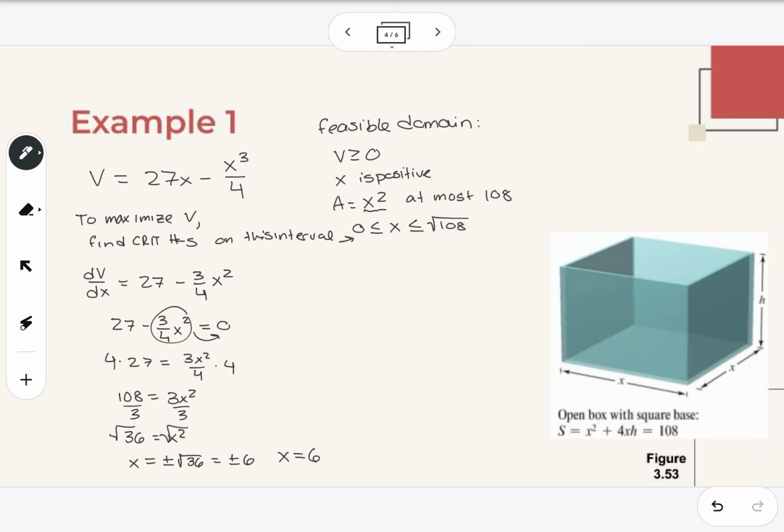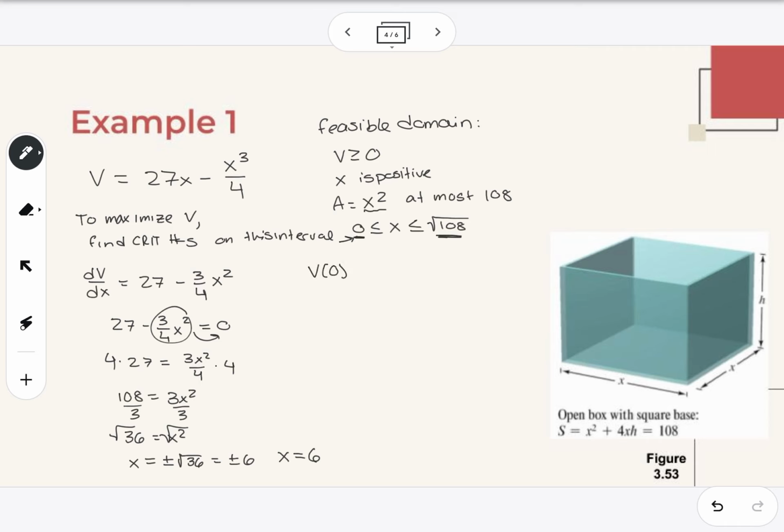All right. We could now evaluate this x equals 6 as our critical number, and we could evaluate our two endpoints, 0. So remember that, we're thinking back to the beginning of the chapter now. Because I had an interval, I have these two endpoints. I have 0 and I have the square root of 108. How would I evaluate absolute max and min if I am given a closed interval? Do we remember how to do that? So remember, you would take all of those values and you would plug them into your original function.